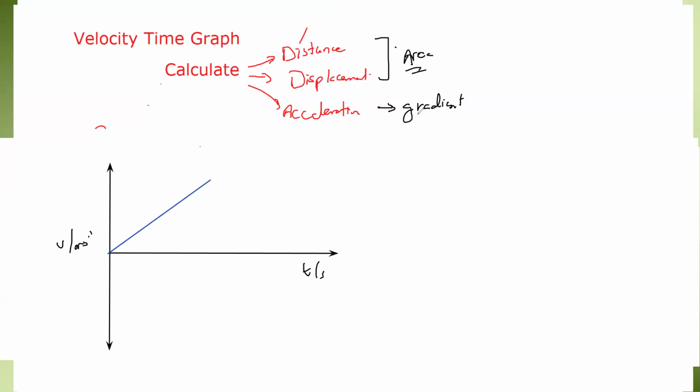The simple way is to take out the gradient. How do we work out the gradient? The gradient is y2 minus y1 over x2 minus x1. So we take the difference and work out the gradient.